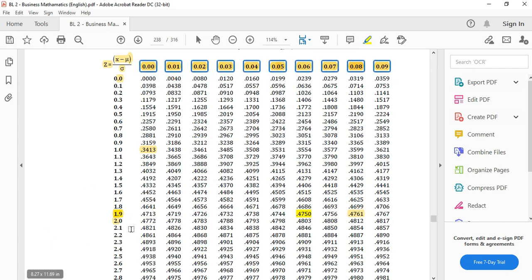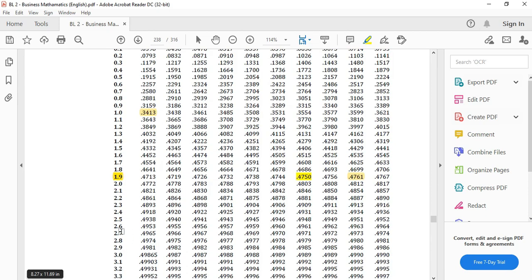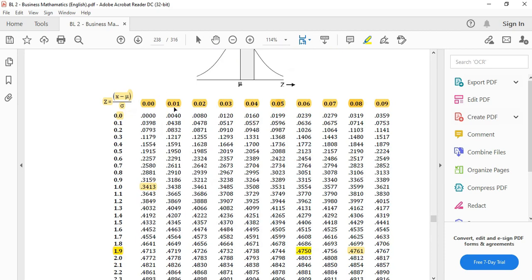But they have only the second decimal place horizontally, not the first decimal place, with the first decimal place being 0.